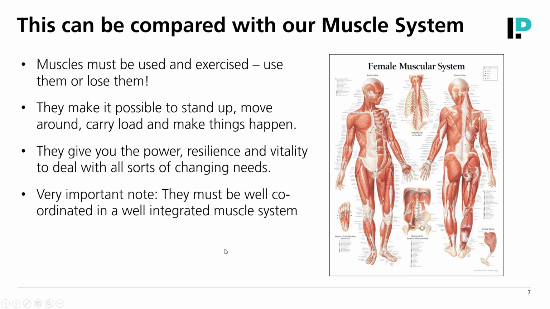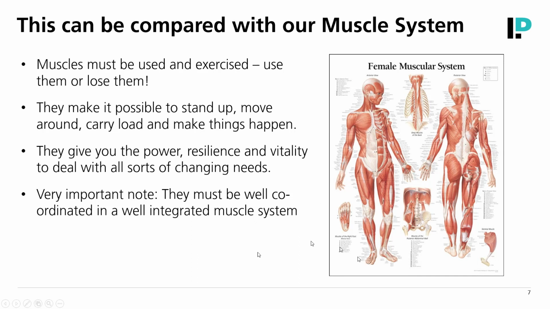A very important note here is that, just as with the body and the muscles, they must be very well coordinated and very well integrated. It doesn't help you to over-exercise and become very strong in one muscle if another muscle is weak. Then you will also have pain in your body and you will lose power and resilience. This is the same when you look at a company.